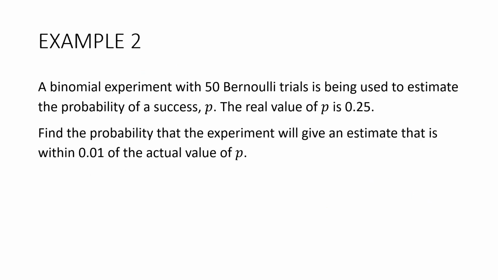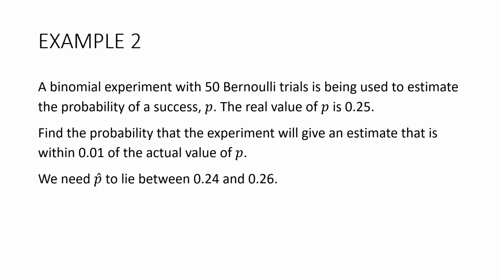Here's a second example. A binomial experiment with 50 Bernoulli trials has been used to estimate the probability of success P. The real value of P is 0.25. Find the probability that the experiment will give an estimate that is within 0.01 of the actual value of P. All right. So we need p-hat then to lie between 0.24 and 0.26. Does that make sense?